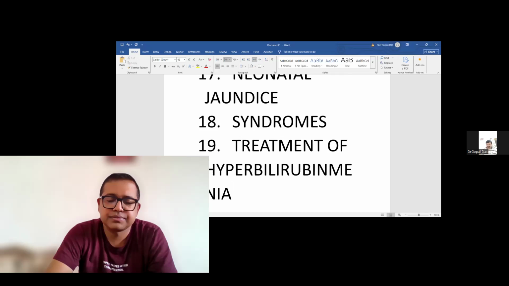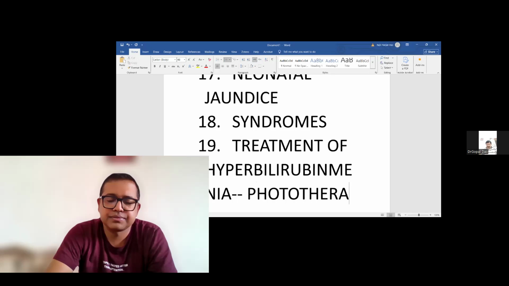Now, phototherapy. Phototherapy is most important, most widely used. So, how does phototherapy work? It acts by converting unconjugated bilirubin into a soluble isomer, and that can be excreted in urine and feces. For this, we use blue-green light at a wavelength of 460 to 490 nanometers.